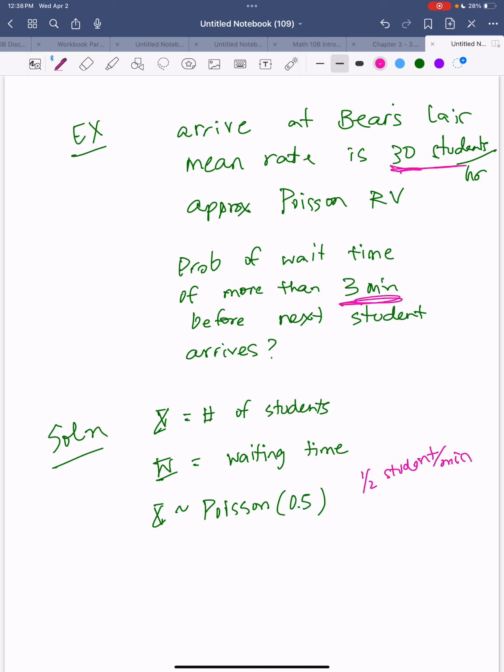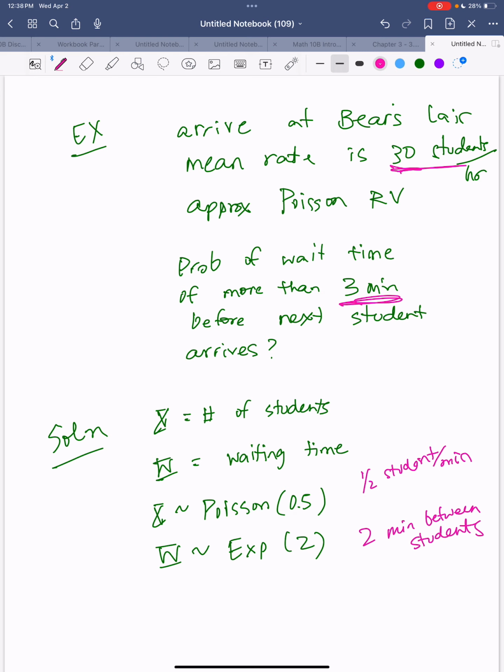And our W is going to be exponential with now a 2. So we're expecting 2 minutes between students. If you get half a student every minute, then the reciprocal of that is 2 minutes in between every student.